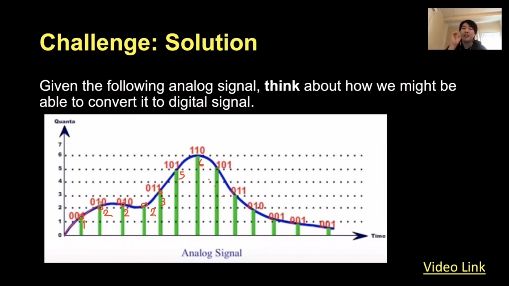We only care about positions where we're sampling. So the only information that we'll have after digitizing this signal is going to be 1, 2, 2, 2, 3, 5, 6. So instead of having all these continuous values, we now have distinctive values.